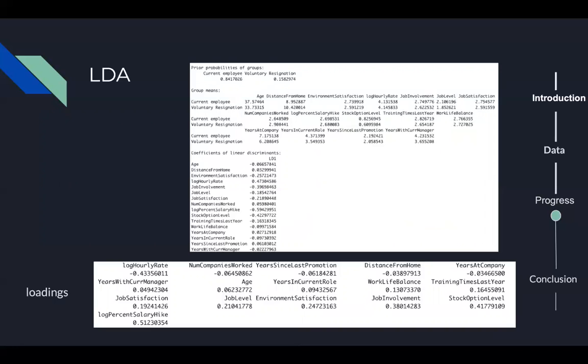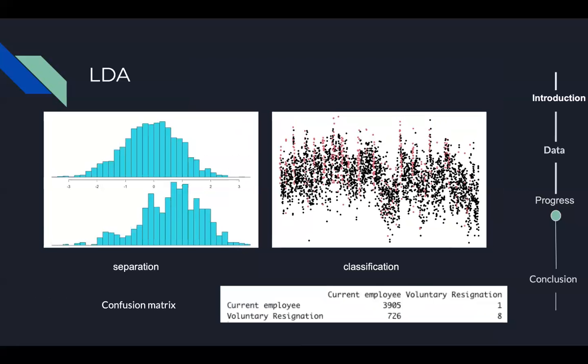After I built the model on the training set, look at the output. We got similar output from the parameters here, and the loadings. Things are looking pretty stable. The histogram is also very similar compared to the previous one. We did a little better, but we still cannot separate them.